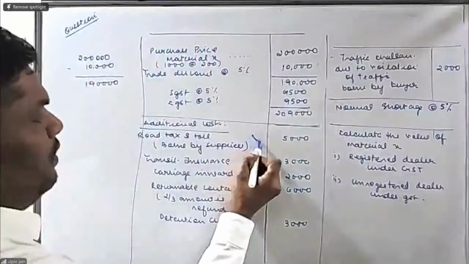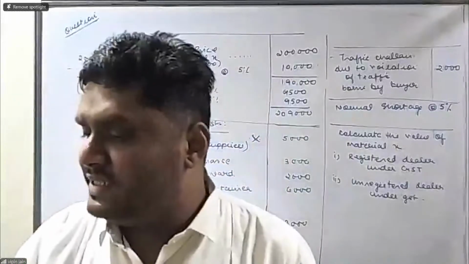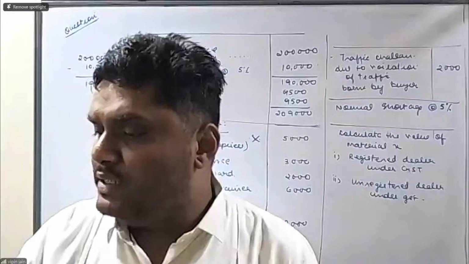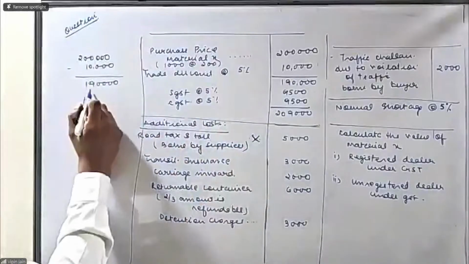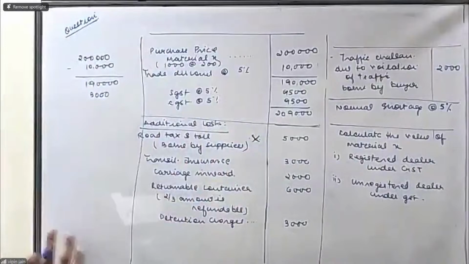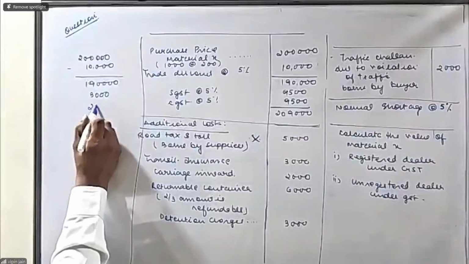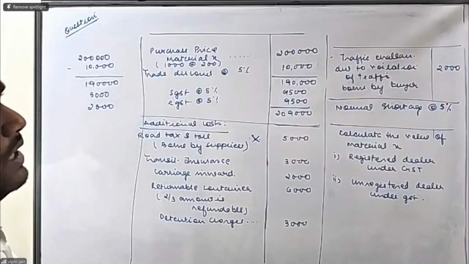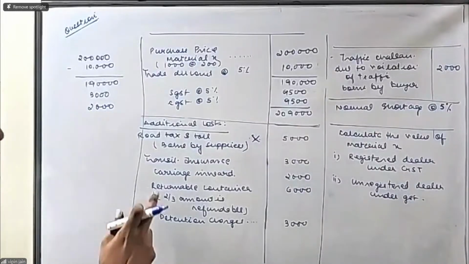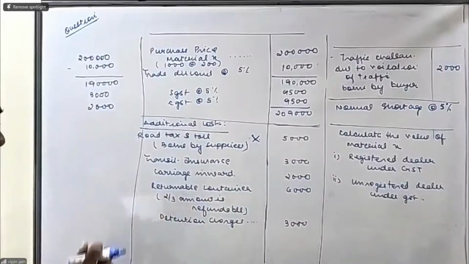So, ignore. Transit insurance, 3,000. Very good. Add. So, 3,000 is my transit insurance. Carriage inward, again 2,000. Then returnable container, 2/3 amount is refunded.